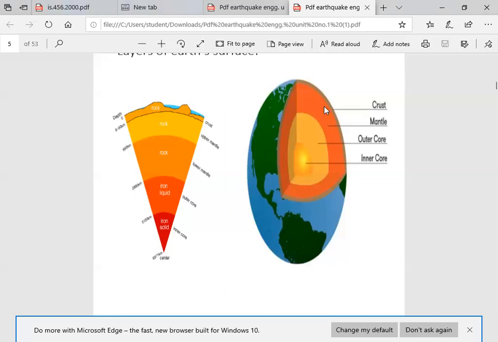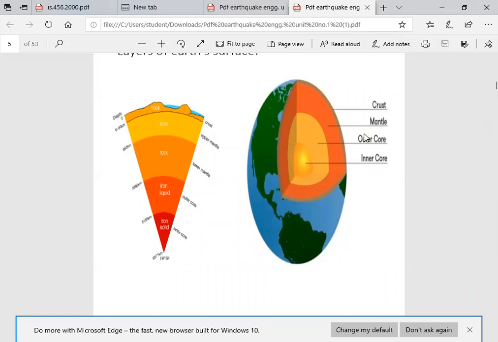So in this way, based on weight, density and specific gravity, all the layers are distributed. The material with more weight is collected at the core, at the inner side. The oil and water type material is collected at the mantle layer. And on the top, the material with less weight comes on top of the earth, that is the crust layer.